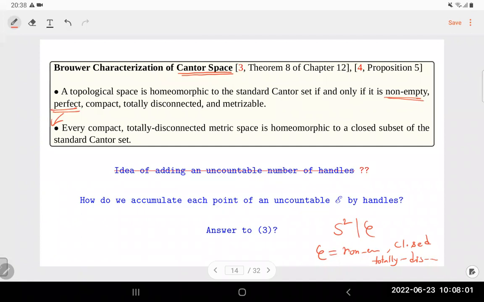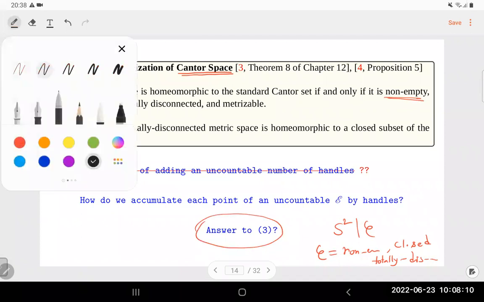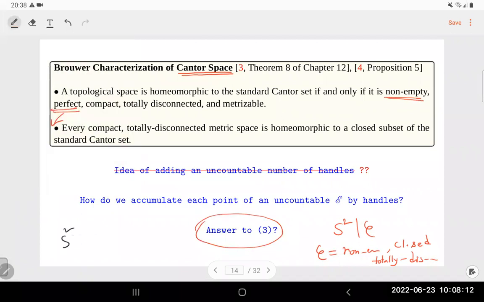All right, so here we can answer question number 3. Just to recall what was asked: delete the Cantor set from the x-axis and delete the Cantor set from the x-axis union y-axis.